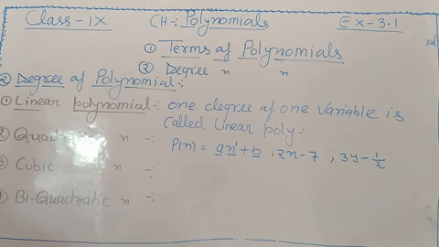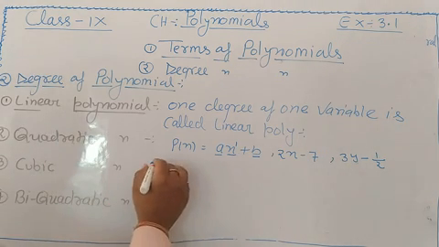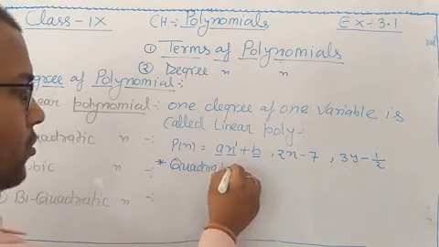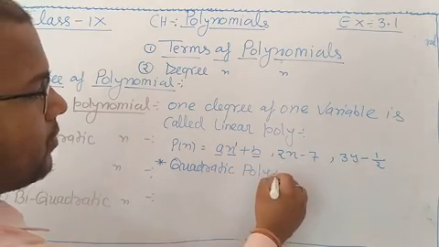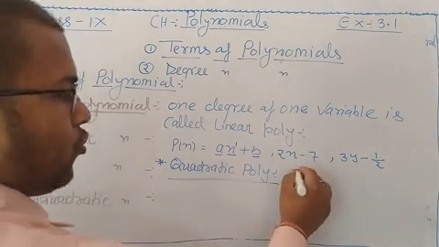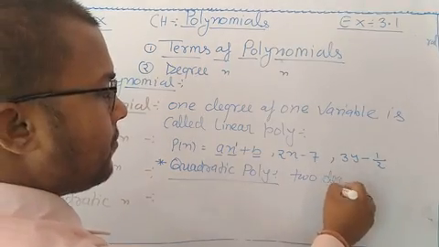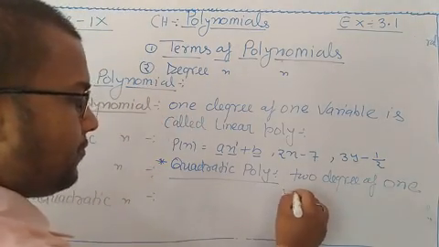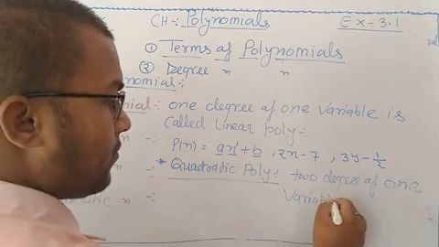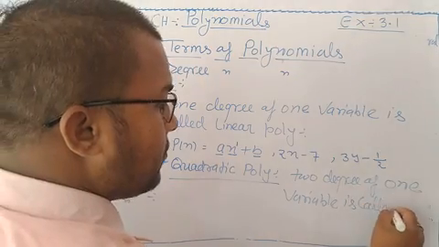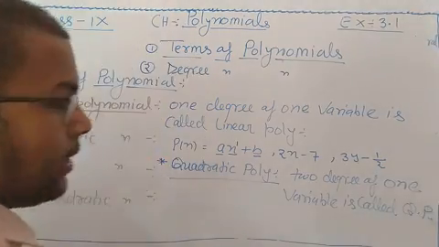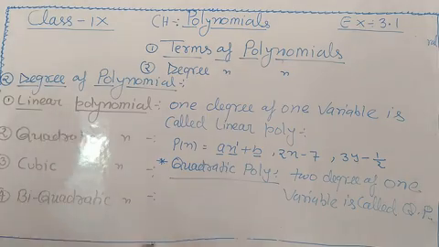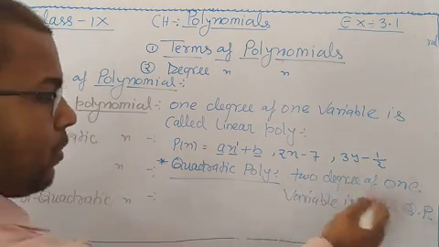Okay students, second, quadratic polynomial. Quadratic polynomial means two degree of one variable. Two degree of one variable is called a quadratic polynomial.